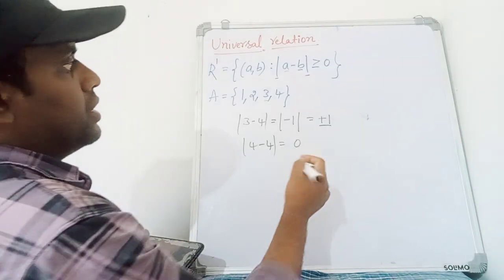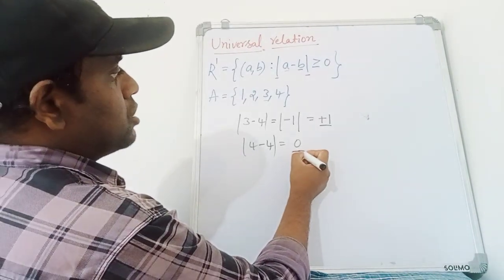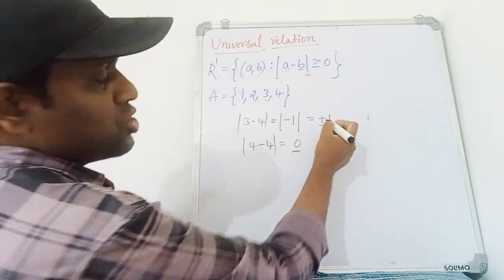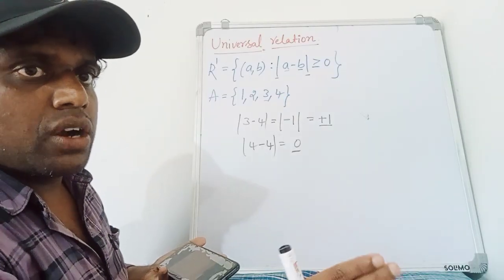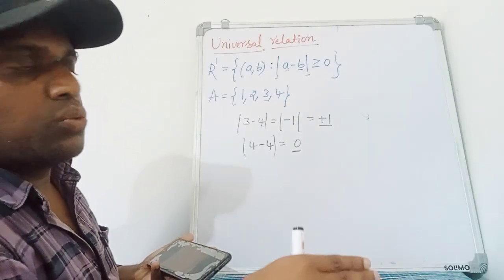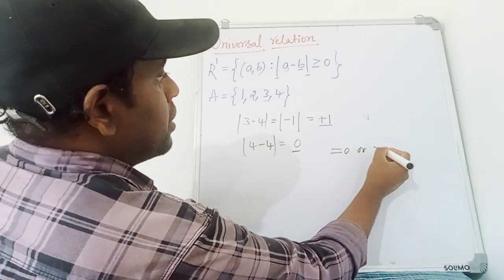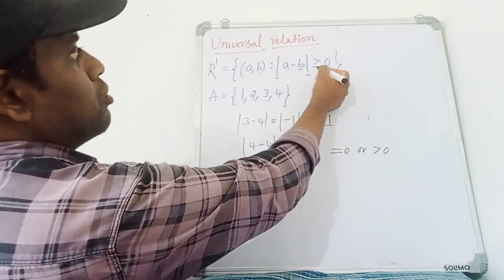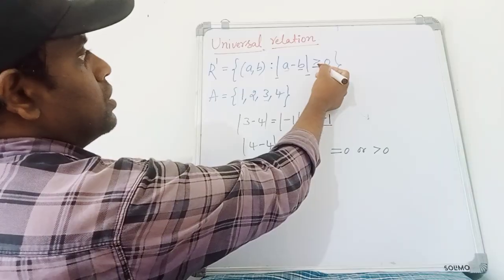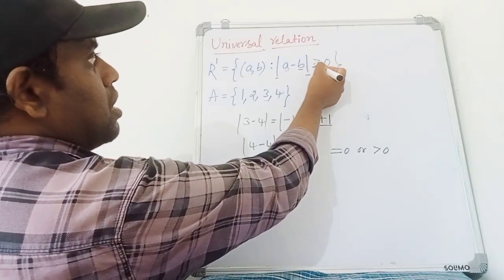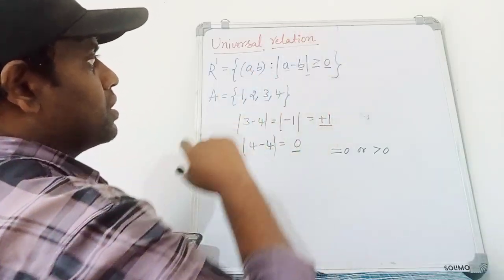So whatever you get, the result will be either 0 or positive, that is, greater than 0. So either equal to 0 or greater than 0 we will get. That's what they mentioned: greater than or equal to 0.